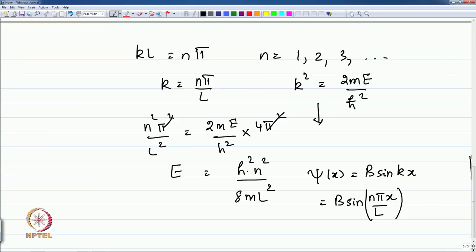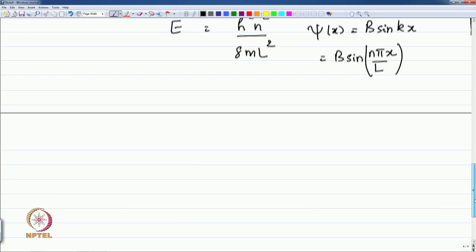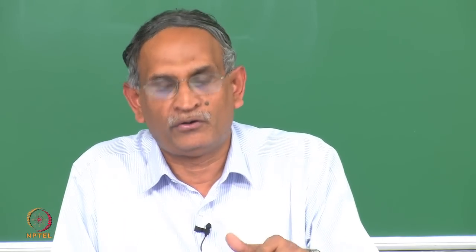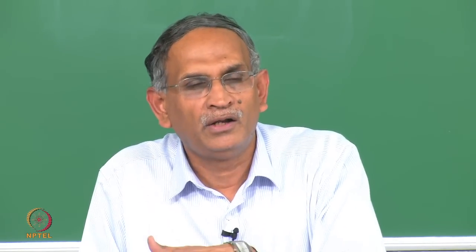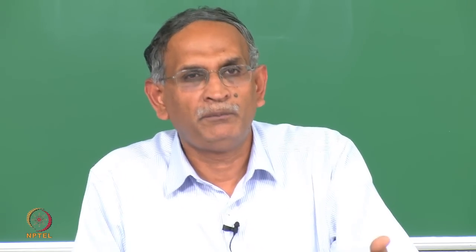You recall the quantity h² by 8mL² has the dimension of energy, and it has the only two inputs for this problem, namely the mass of the particle m and the length of the box L, and the other constant is of course Planck's constant.